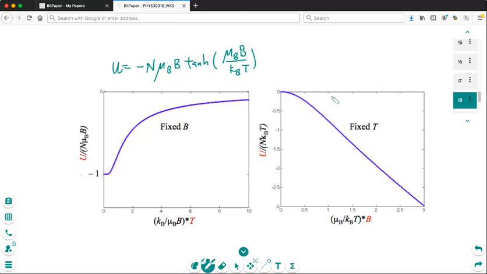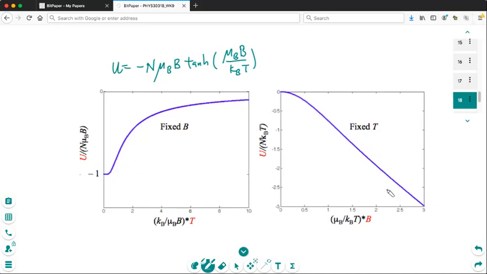Another way to look at this is to fix the temperature and vary the magnetic field, and see what happens to the internal energy U. Here, if you have a ruler and put it in front of your screen, you realize this is this part of the curve, the high field part of the curve, not very high, but high enough here.